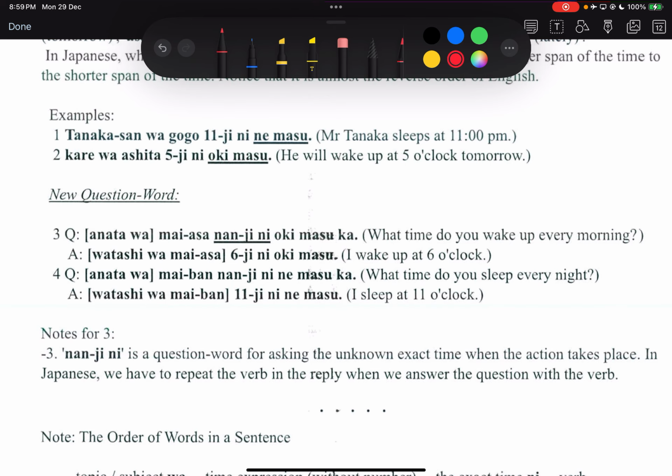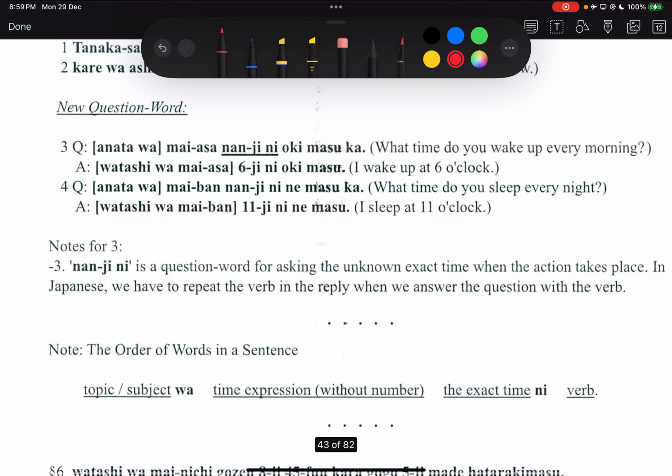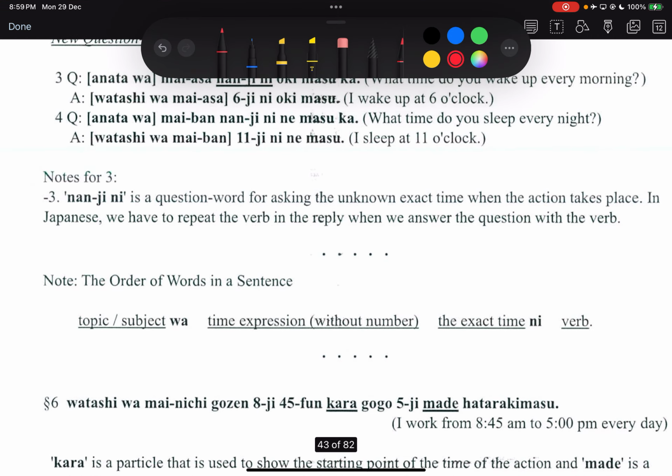Then number 4. 毎晩何時に寝ますか? So every night, at what time do you sleep? Then 4A, 4 answer. 11時に寝ます。So at 11 o'clock, I sleep.